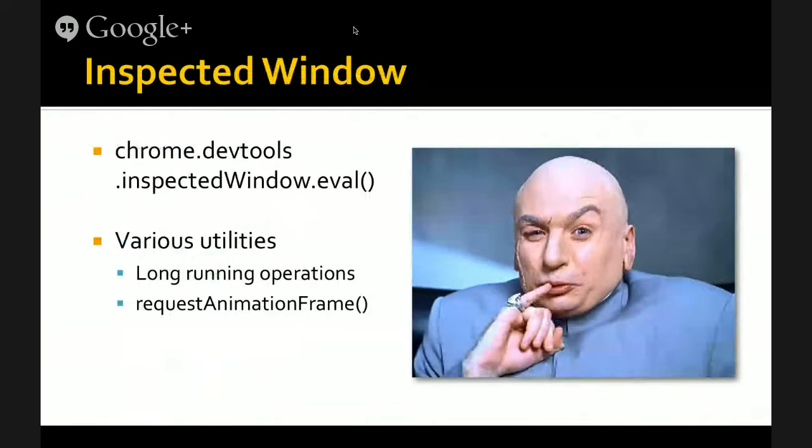Then there's the inspected window. As I mentioned, there are two ways to communicate with the inspected window from a DevTools page. One is post message. Has anyone ever used the messaging APIs in the browser? They're about the ugliest thing on the planet to deal with.